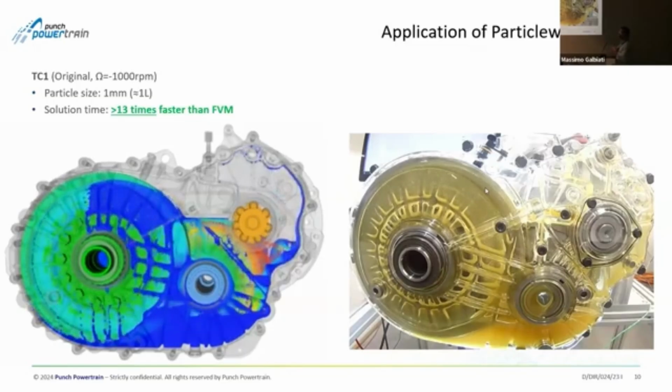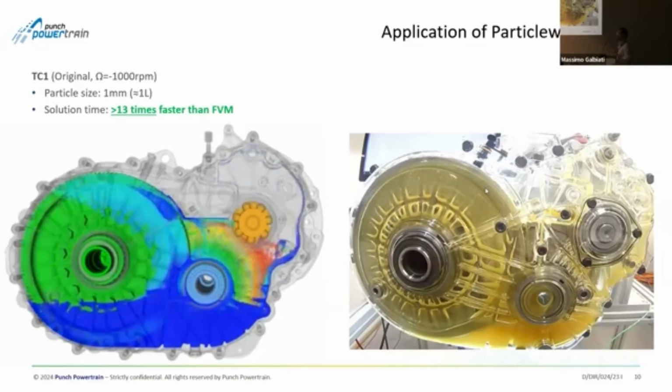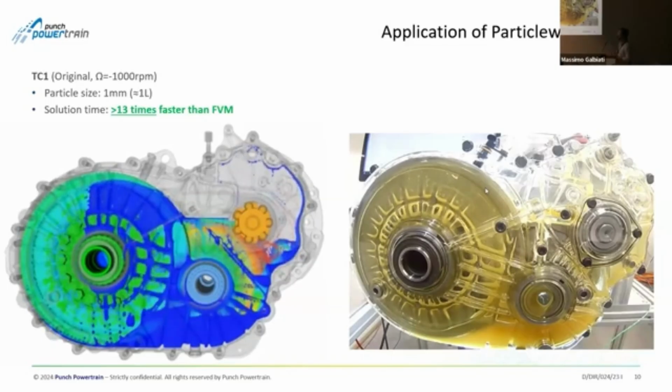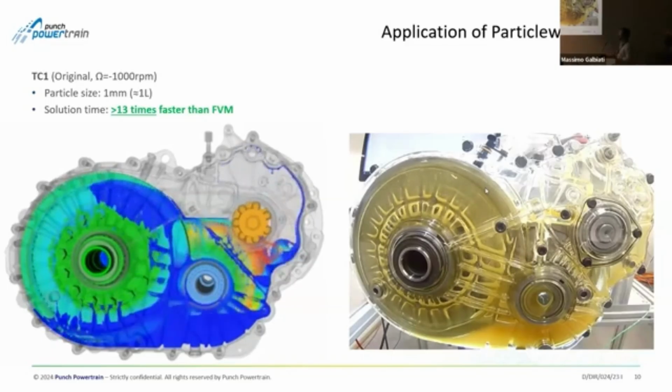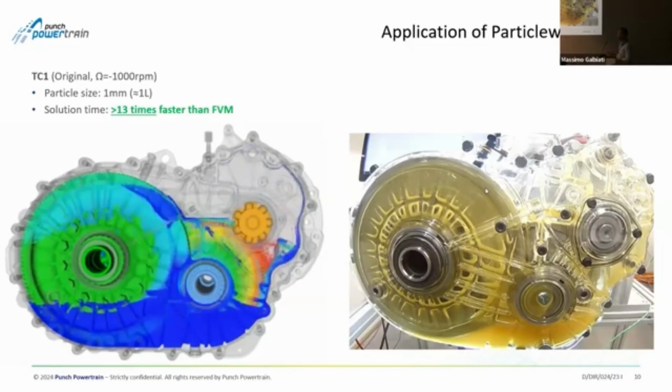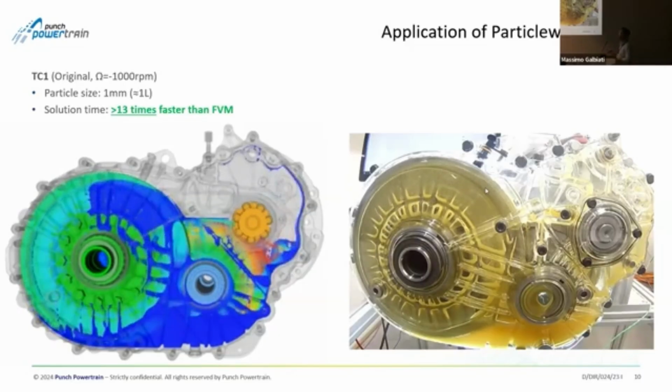You are not going to decouple 100%, or at least not in the near future. We are of the opinion that we will need to use testing, of course, and step number one is to have a flow solution where, for example, the splash into the gear housing is captured qualitatively well.